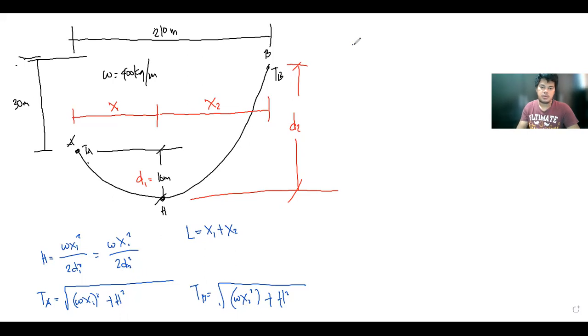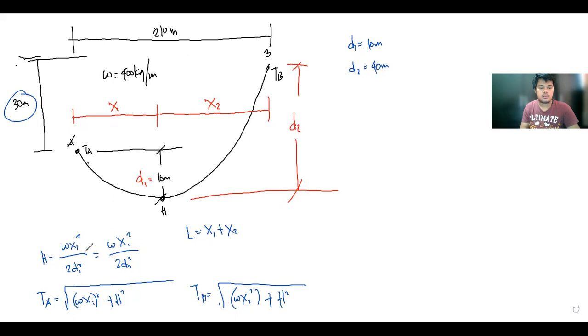So d1 is said to be 10 meters. d2, the height is 30, and then we also have 10, so that would be 40 meters. So the problem now is to calculate for x1, right?